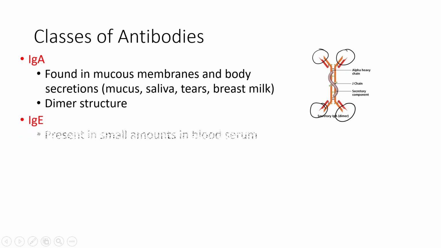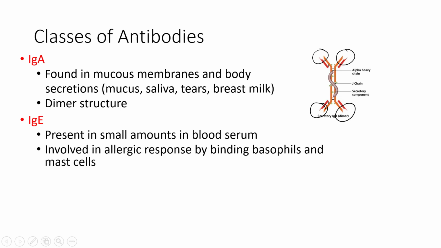How about IgE? IgE is not present very much. It is actually involved in allergies. So people who produce more IgE antibody than others may be more prone to allergies. And what IgE can do is bind to those cells that release histamine and can initiate an inflammatory response, basophils and mast cells.